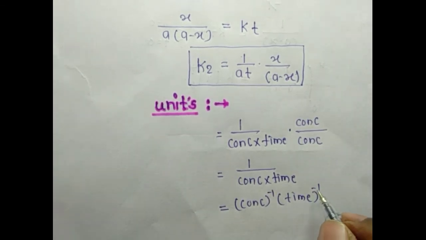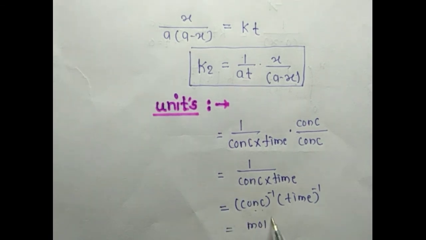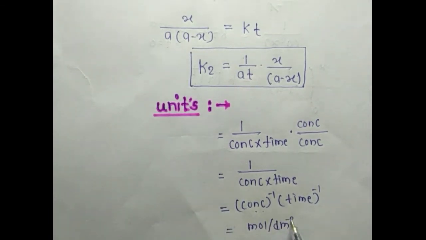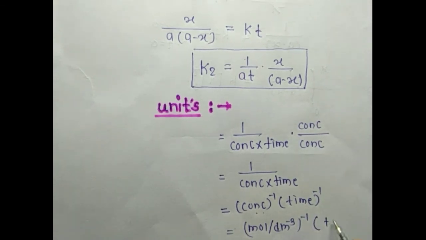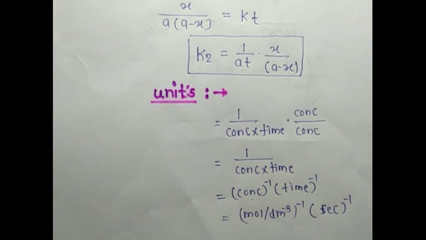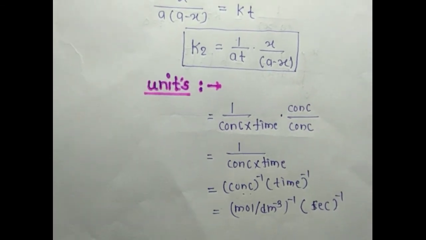This is our unit for a second order reaction. Then we express concentration in moles per dm cube, inverse, and time in seconds inverse. These are our second order reaction units.